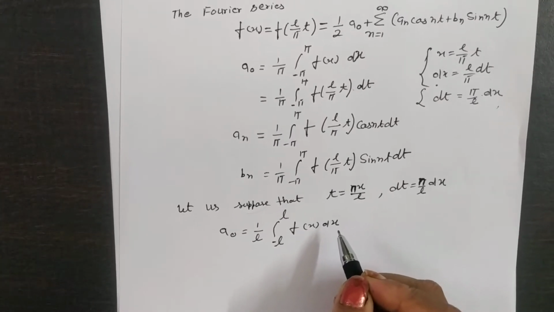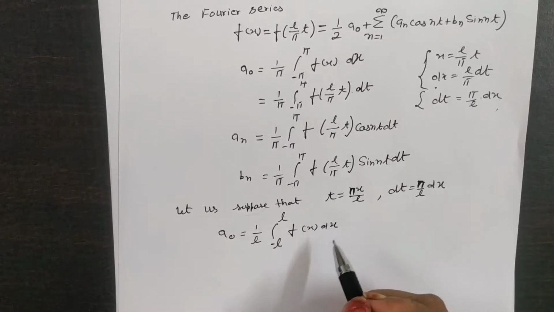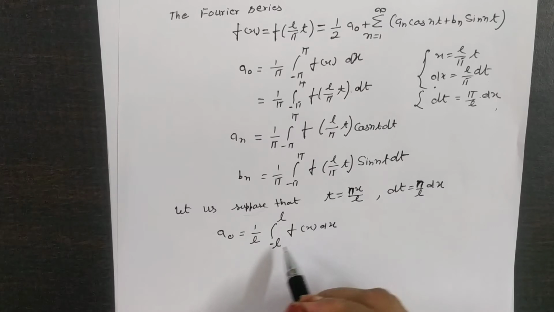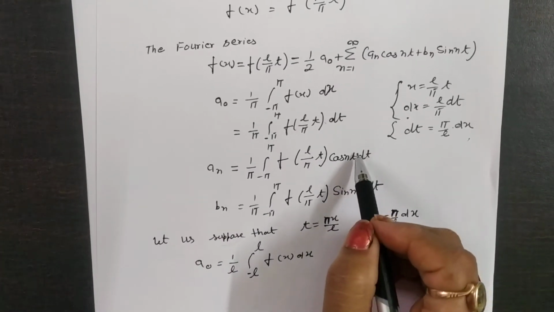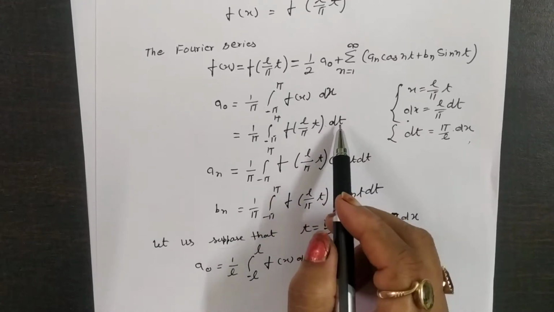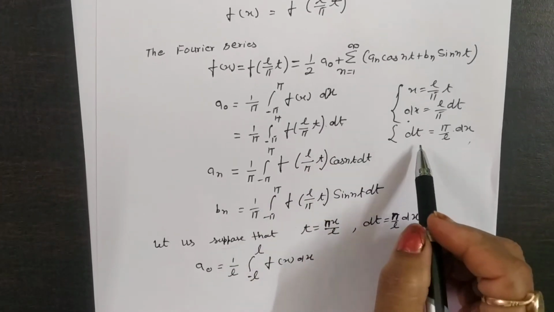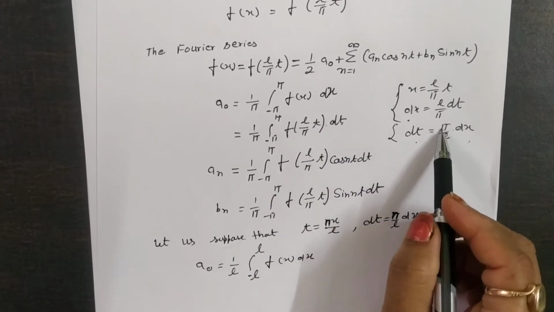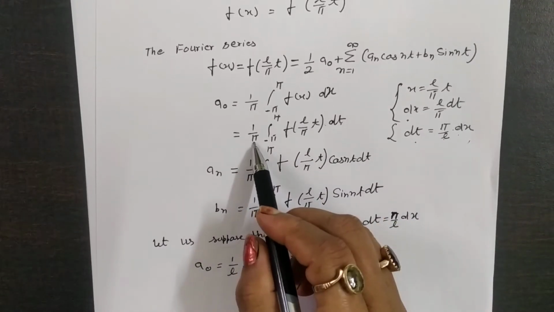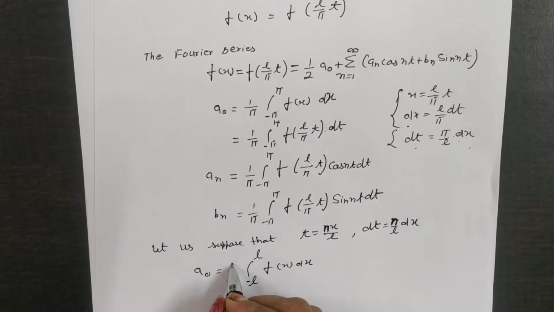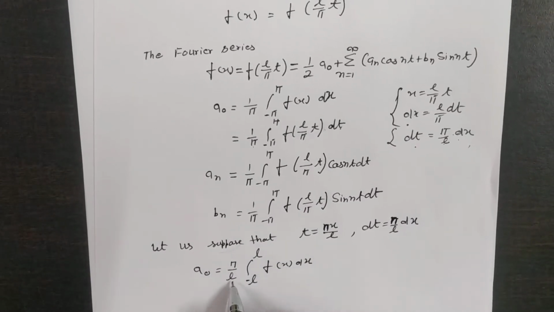Because if you substitute here for the function, there is no change, the change is only in dt. If you convert this to x, dt is equal to pi by L dx, so pi and pi cancel out.